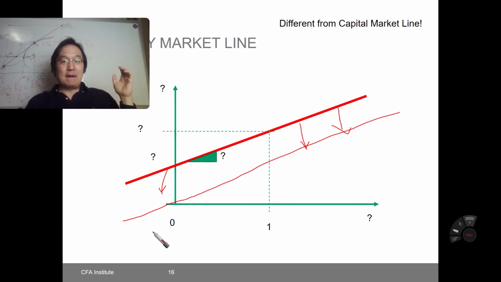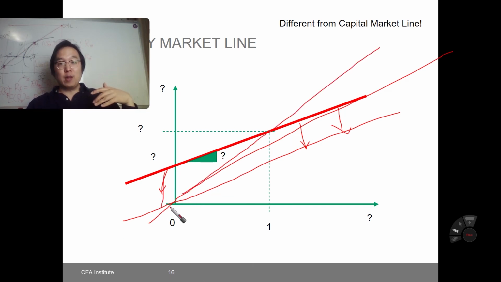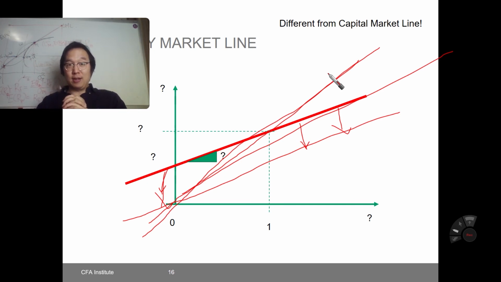Number 1, the parallel shifting, and number 2, the slope has to be more tilted, happening together. So that's the intuition about this security market line.